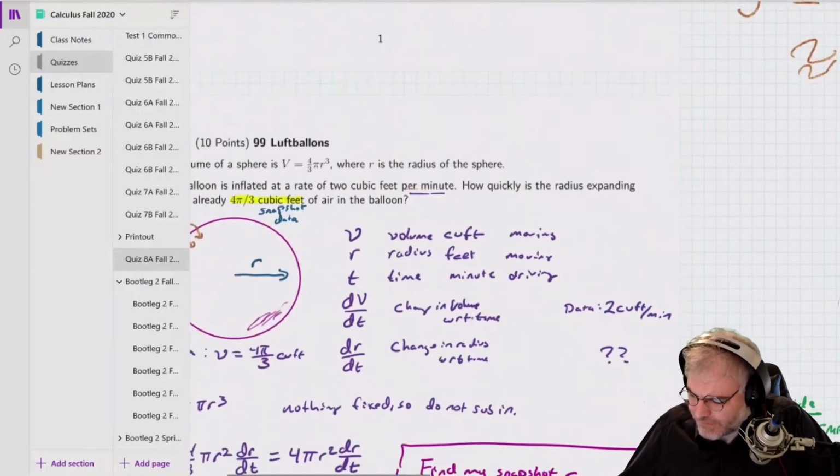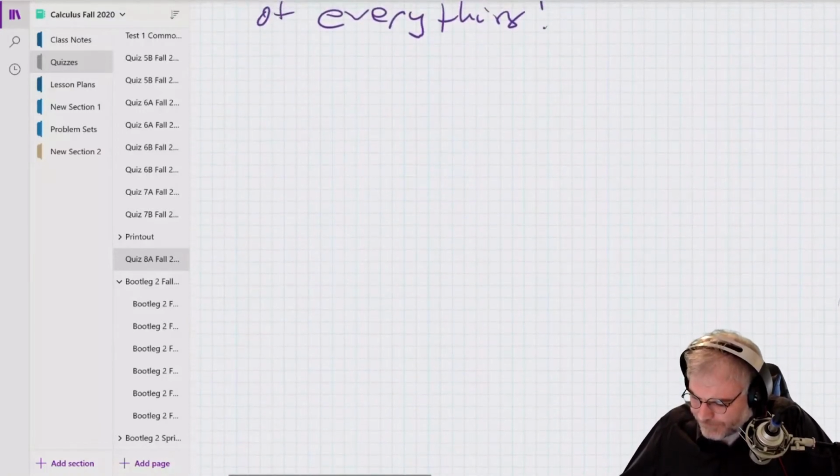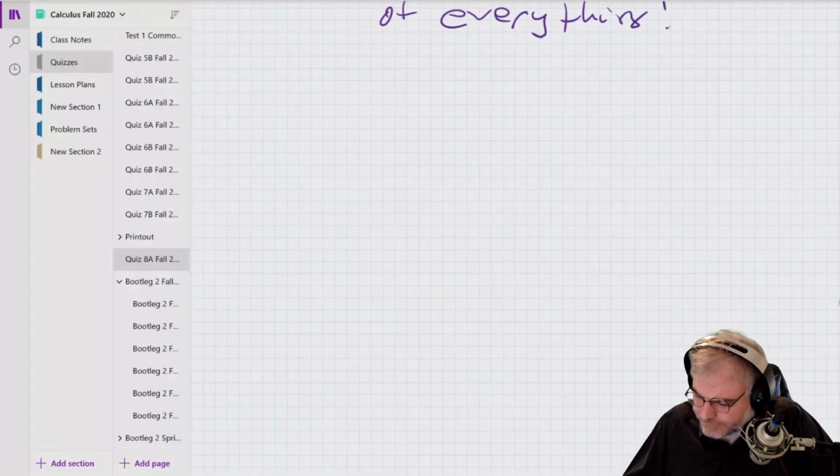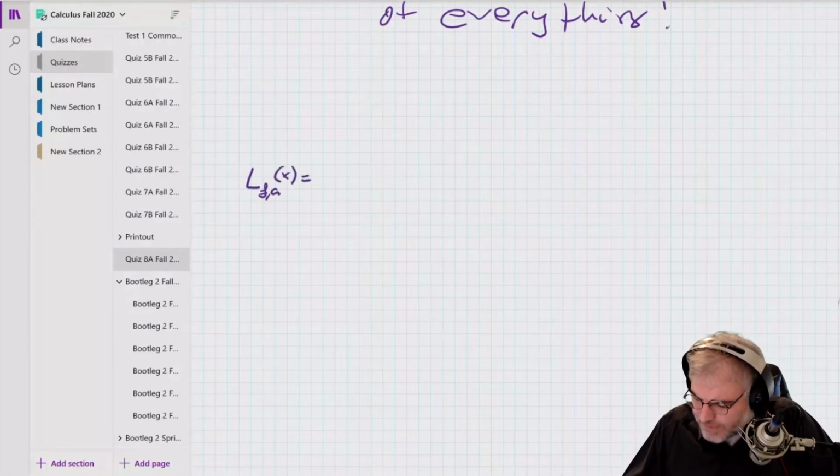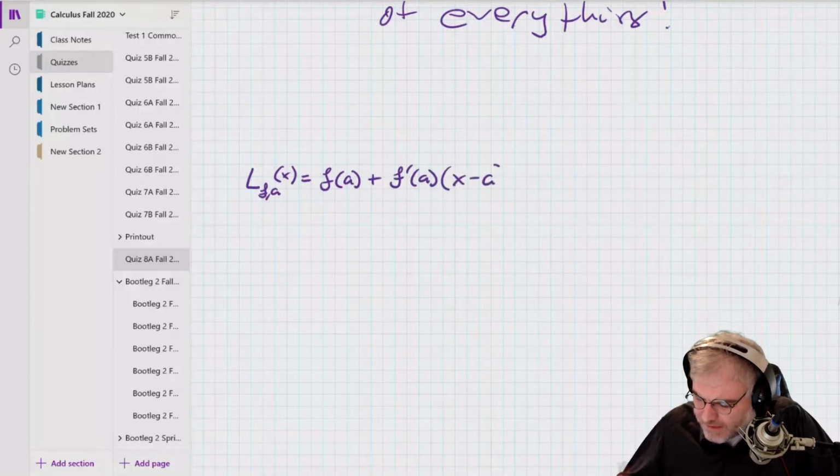So let's look at this thing a little bit. L f a of x equals f of a plus f prime of a times x minus a.